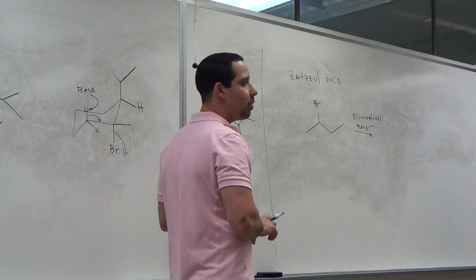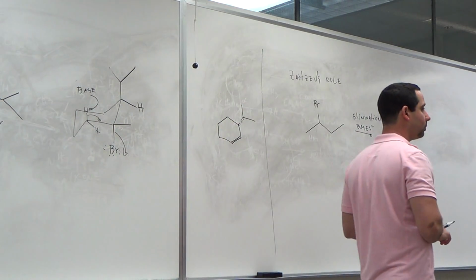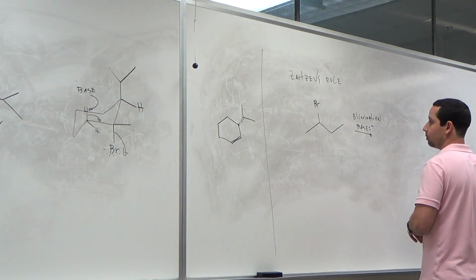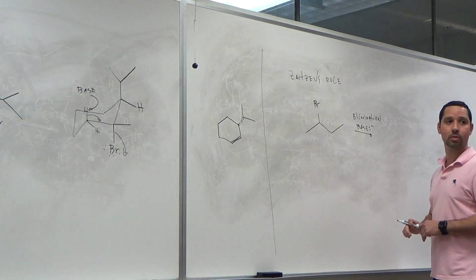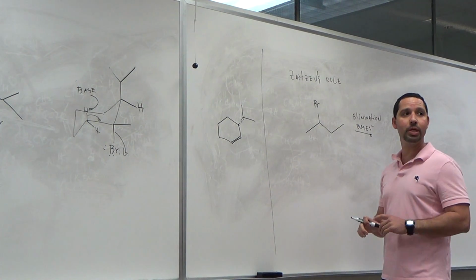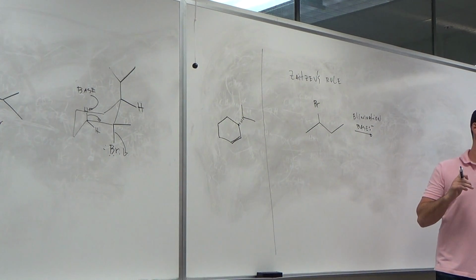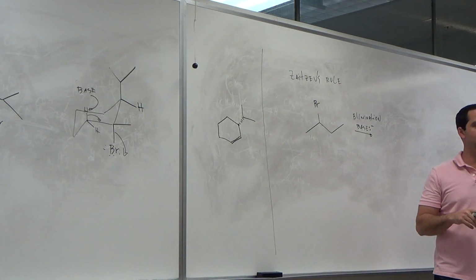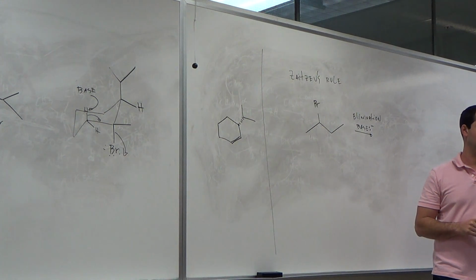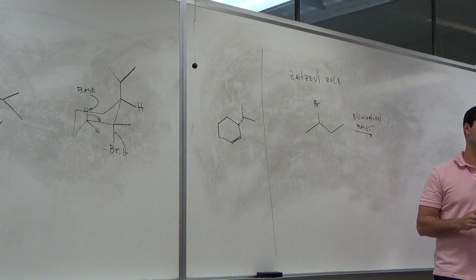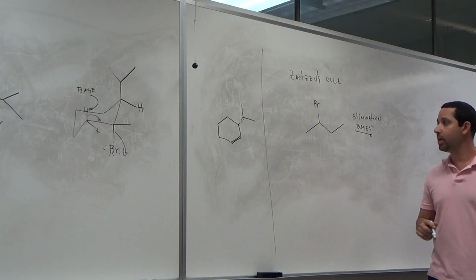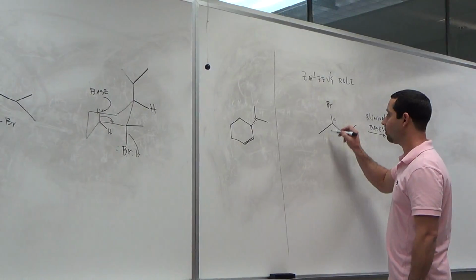What are the possibilities that we can have? We need what in order to have an elimination? We need hydrogens on what carbon? Tertiary? Well, no. On the beta position. Here's the alpha.